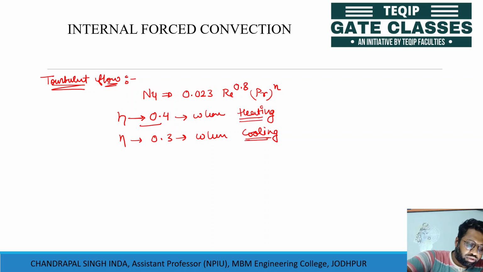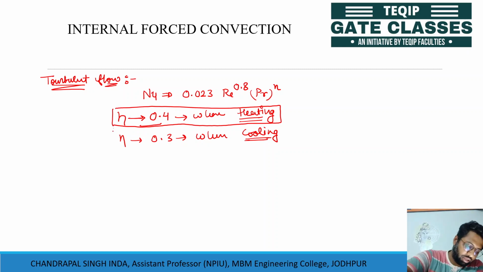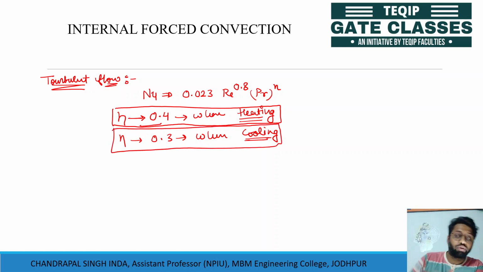Means when the fluid is getting heated, in that case we will use n equal to 0.4, and in case of the cooling condition we will use n equal to 0.3.